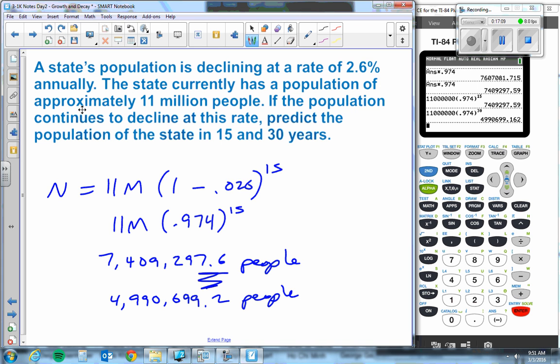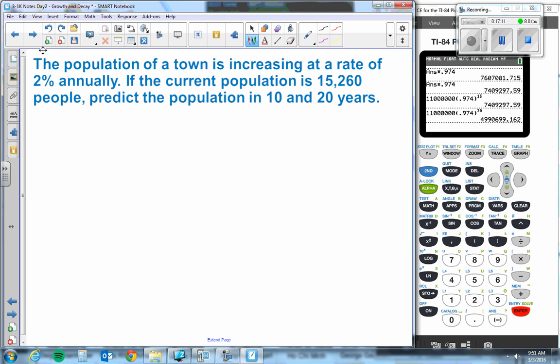All right, you try the next one. This one, by the way, is growth. So you're basically multiplying by 102%.